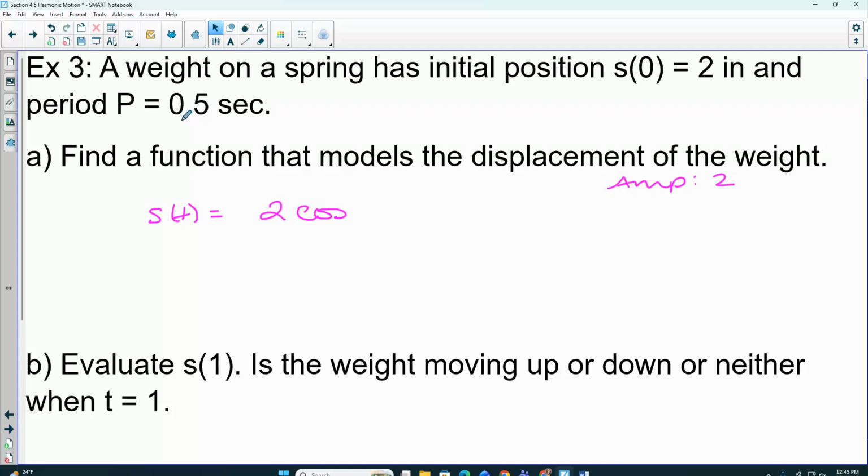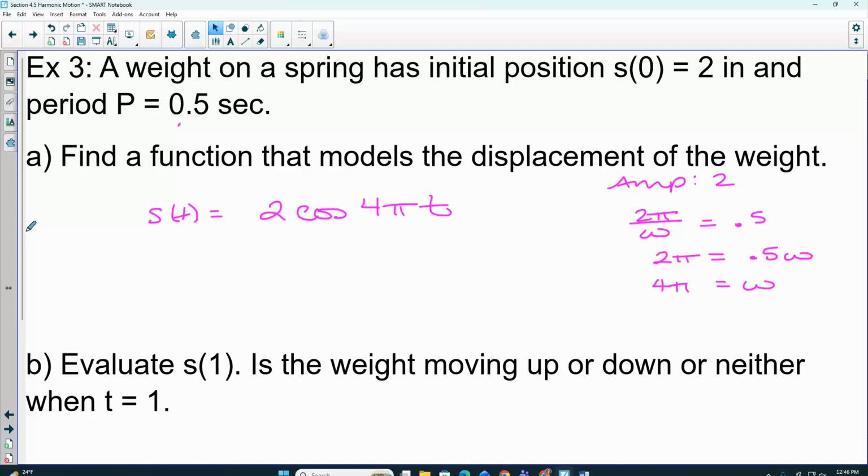Okay, my period is 0.5 seconds. So we know period, 2 pi divided by the number in front of x has to equal 0.5. So if I divide my 0.5, what do we get? And you need the time, the variable with it.